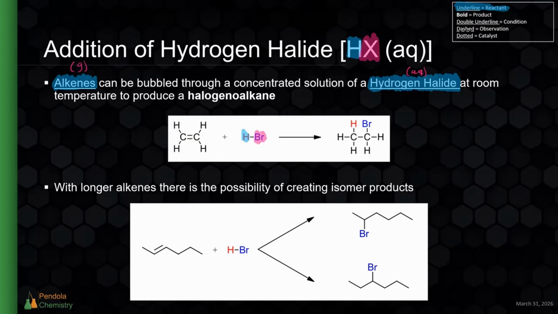And what that's going to create is a halogenated alkane. When this reaction happens, this is the conversion of an alkene into our product here, which is a halogenated alkane. Let me write that up here. So this is a conversion of an alkene into a halogenated alkane.